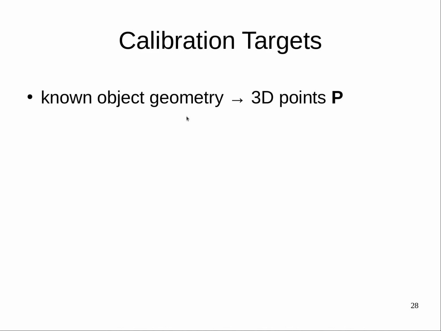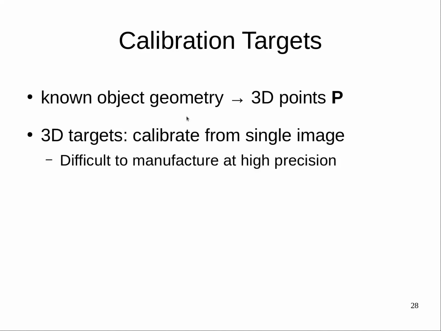And while it doesn't matter much what exactly we take here, we should still differentiate. We might take a 3D object, which is called a calibration target in this context. And the advantage is, if we choose a correct one, then we only need one picture to perform a calibration, like to determine all the parameters we talked about previously.